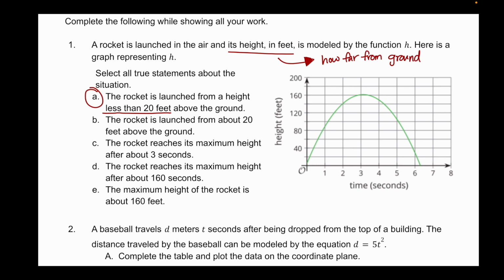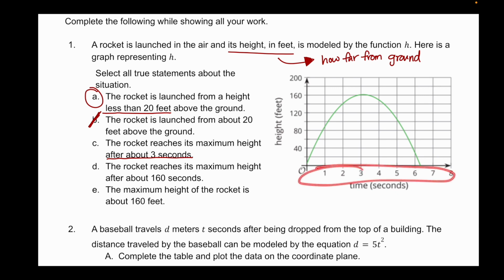But this is select all true statements, so I don't need to put a check mark. We're going to look at all of our potential options and see which ones work and which ones don't. The rocket is launched from about 20 feet above the ground. Well, it's launched from less than that, so I'm going to say it's not about. It looks like it's more like maybe 10. The rocket reaches its maximum height after about 3 seconds.